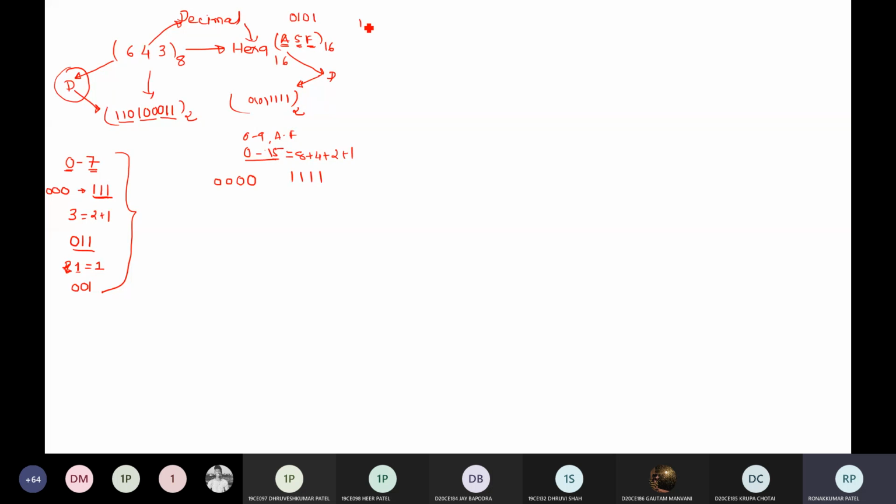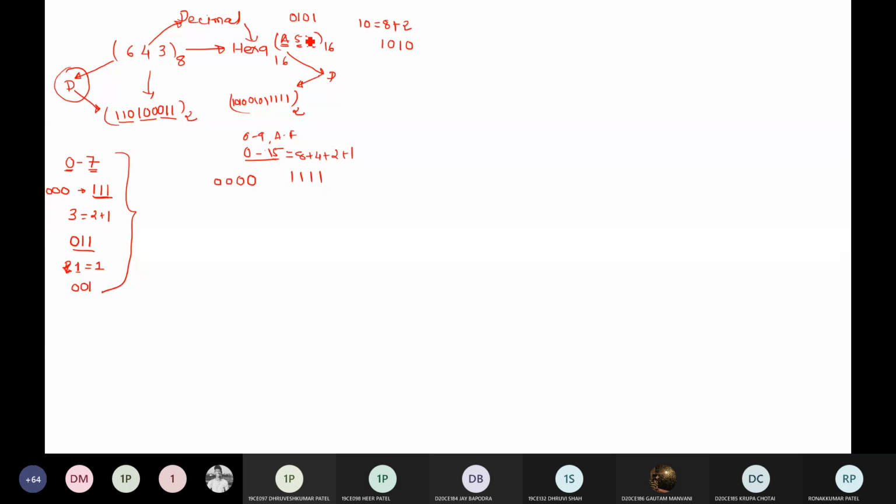A means 10. If you represent in powers of 2, then that will be 8 plus 2, right? So 8 4 2 1, so 1 0 1 0.